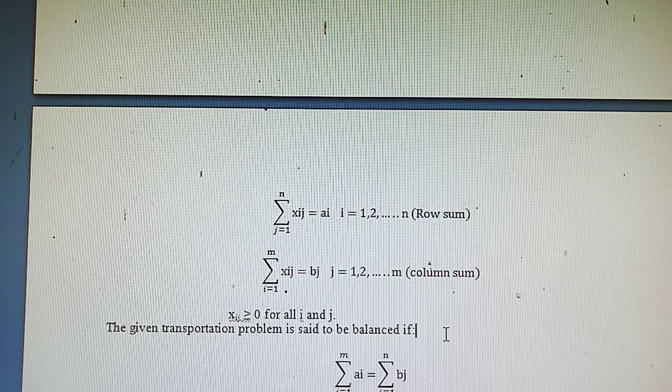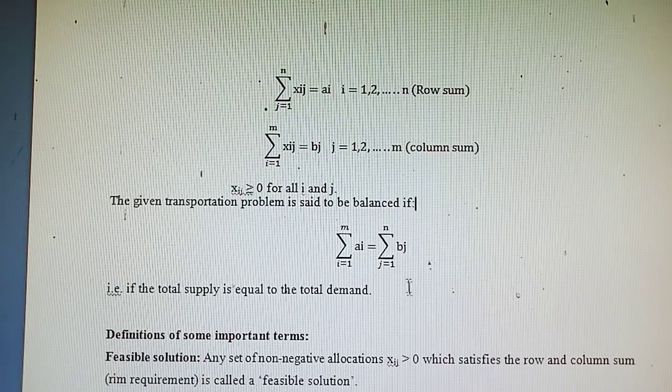The given transportation problem is said to be balanced when the summation of i equal to 1 to m ai equals summation of j equal to 1 to n bj. It means the row sum and column sum must be equal, then only it is said to be a balanced transportation problem.